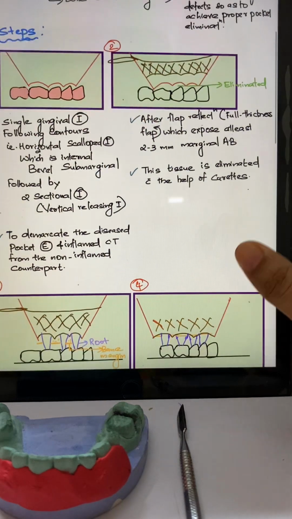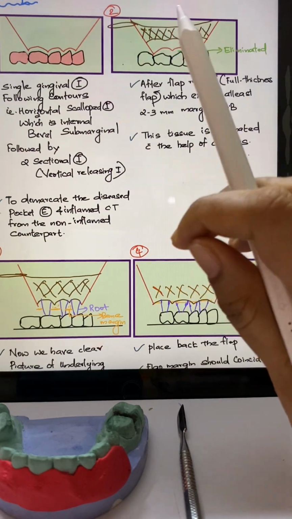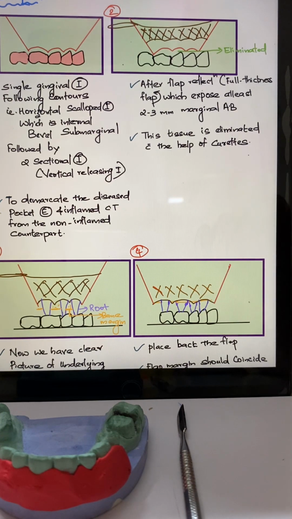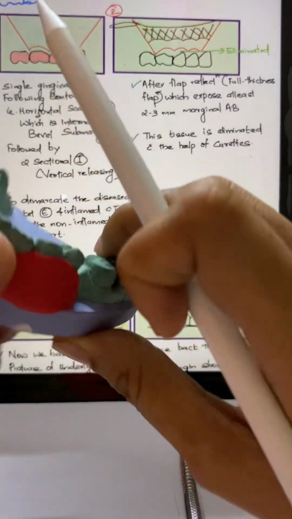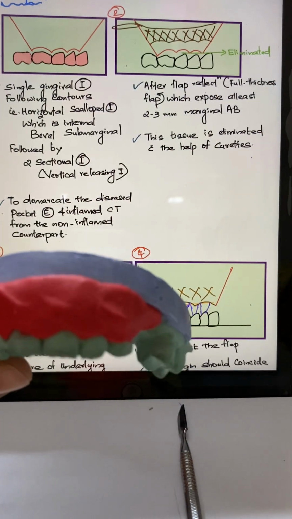First, let's see how the procedure goes. The first step is that we need to give the incision. In any periodontal flap technique, we have to give incisions. I have made a video about incisions and the types of incisions, so for those who want to know more, you can watch that. In this video, I am going to give a little demo so that you can understand this better.